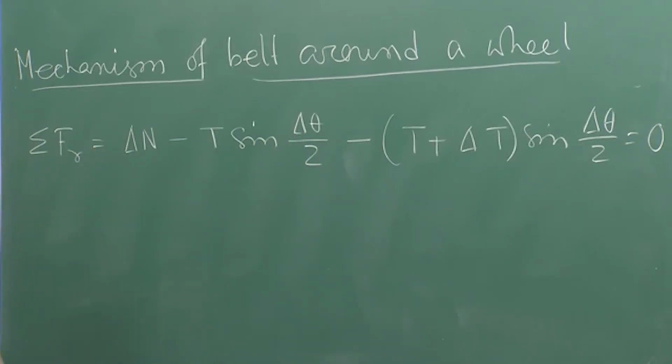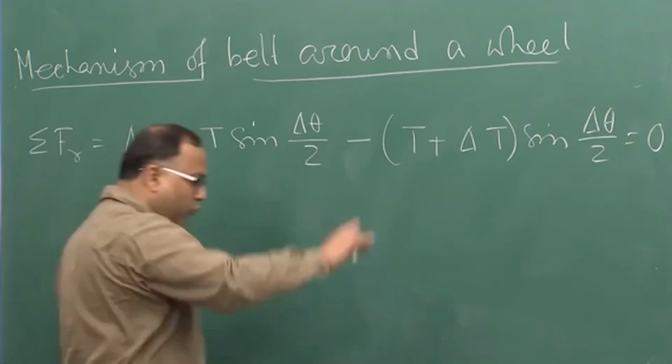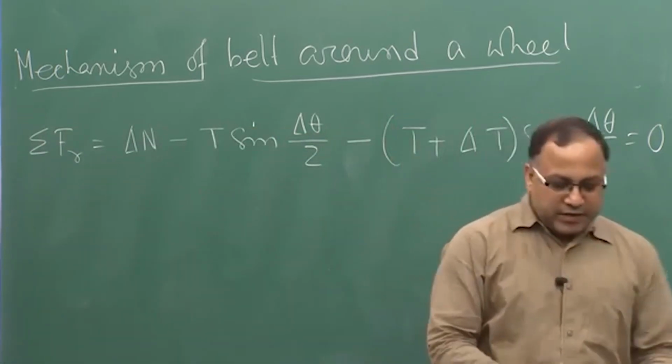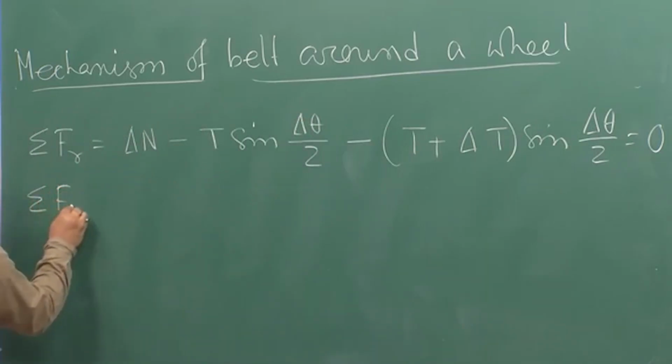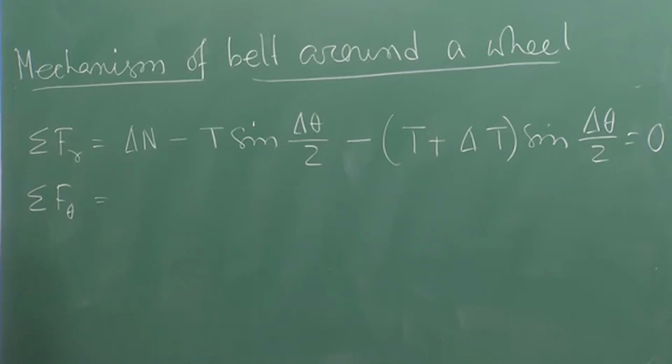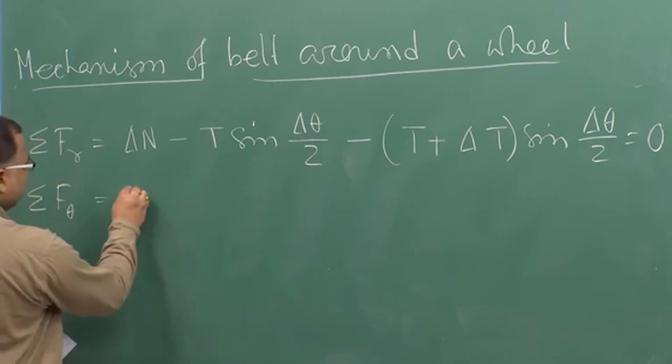Is that clear? So, these three forces are acting in the radial direction. Similarly, I can take the force balance in the hoop direction, or the tangential direction. So, what forces are acting there?